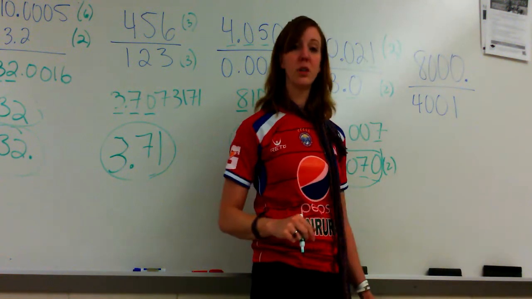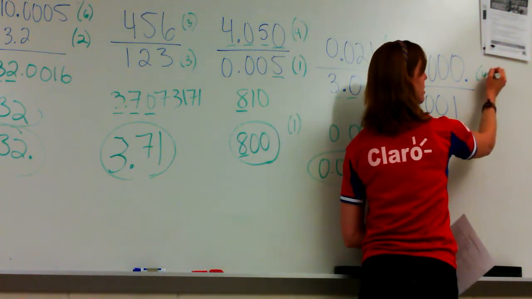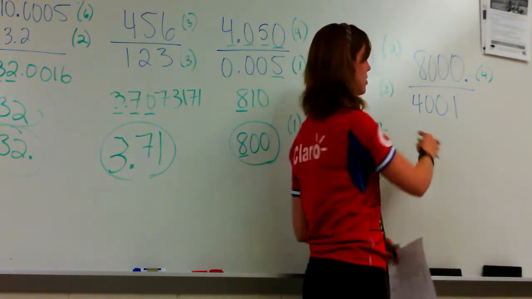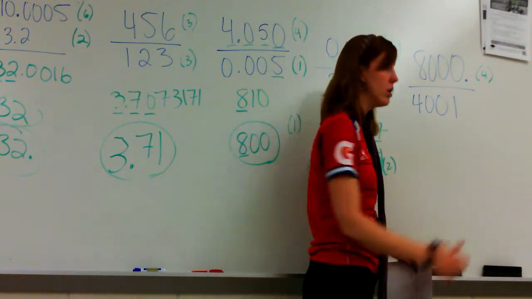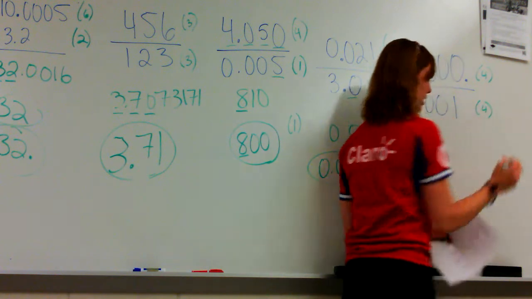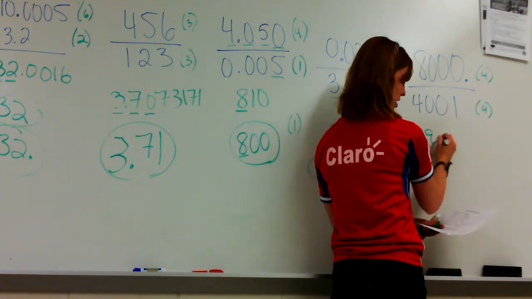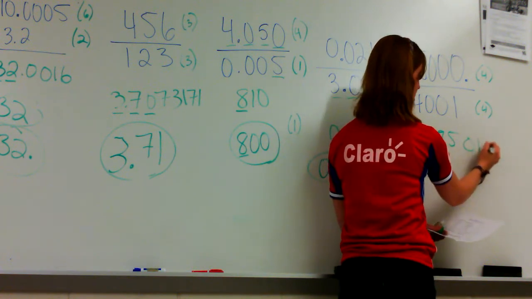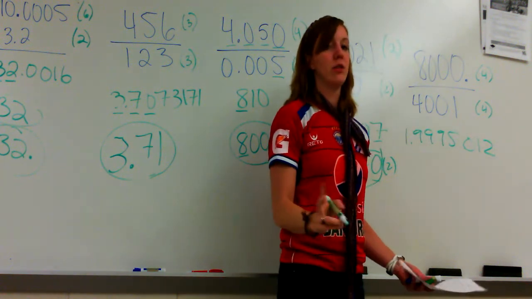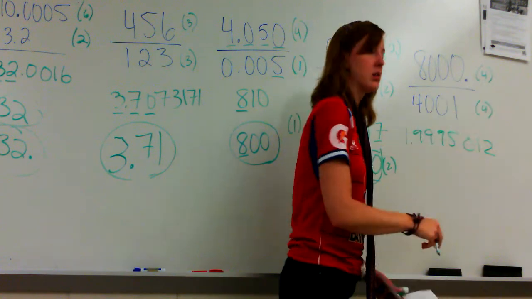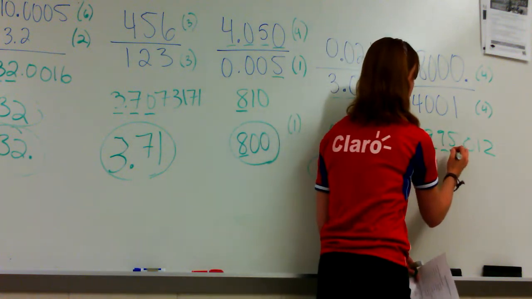My last example here, 8,000 point has 4 significant digits. 4,001 has 4 significant digits. So the calculator tells me 1.9995012. I can only have 4 significant digits. I gotta cut this off. So 1, 2, 3, 4.